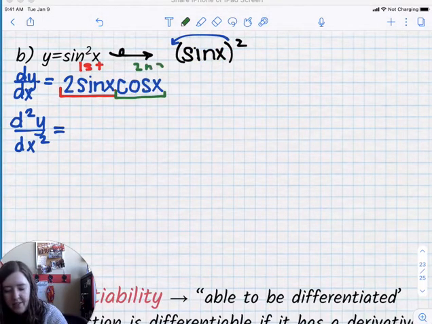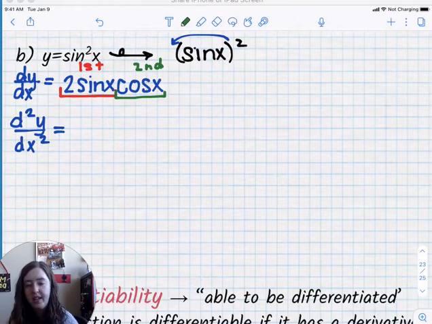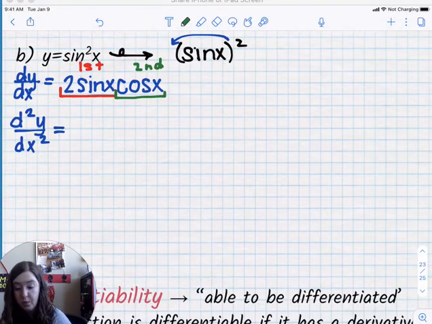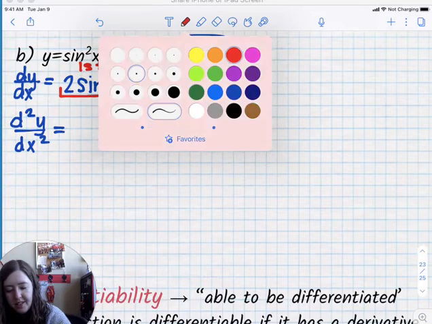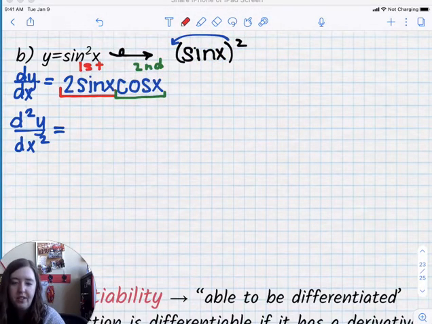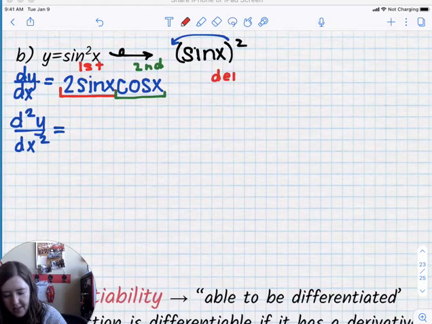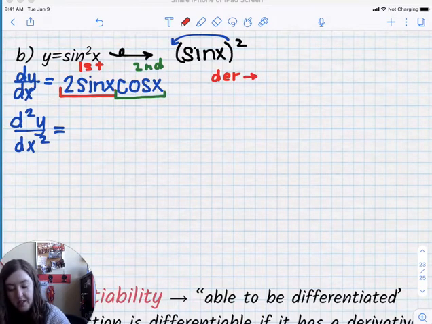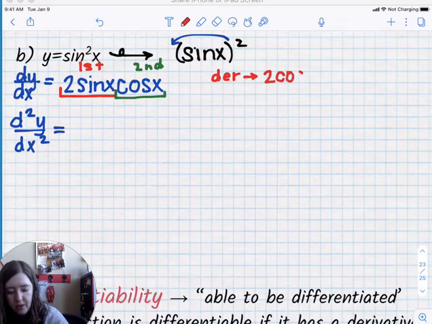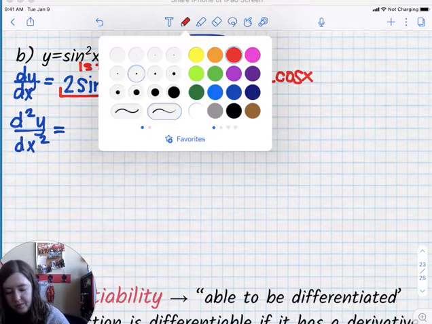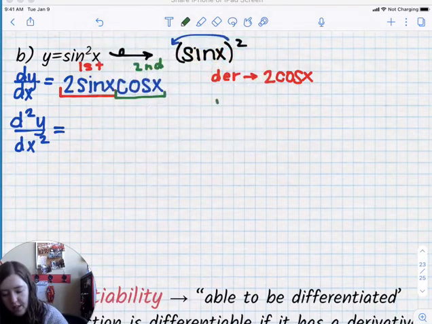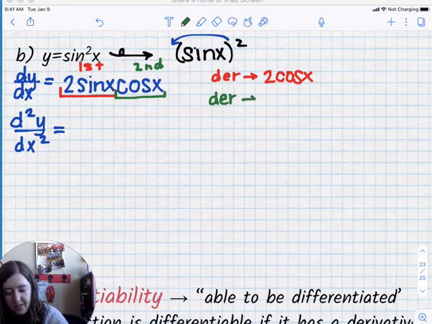Since I have two things multiplying together here, I have to use the product rule. So remember, that's the derivative of the first times the second plus the derivative of the second times the first. So off to the side, the derivative of 2 sine of x is going to be 2 cosine of x. The derivative of the second, so the derivative of cosine, is going to be negative sine of x.